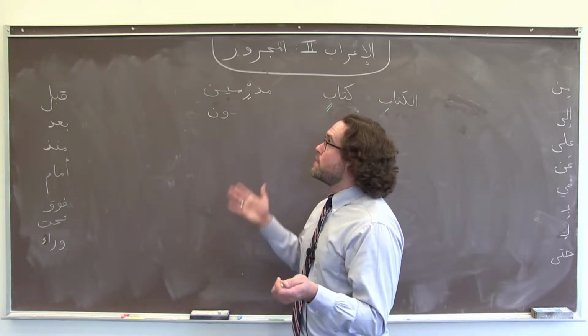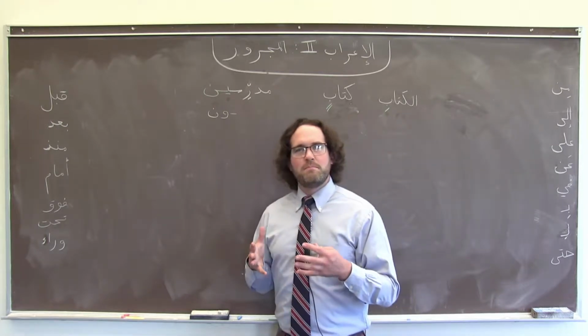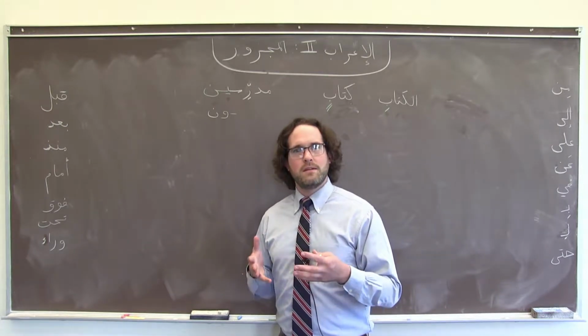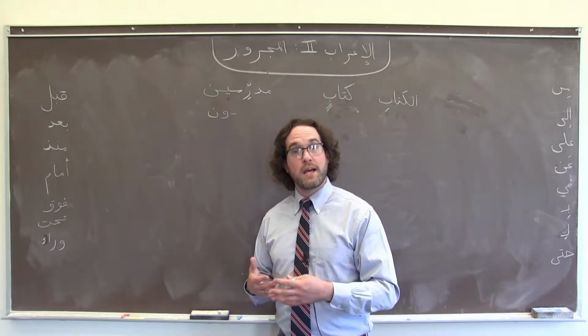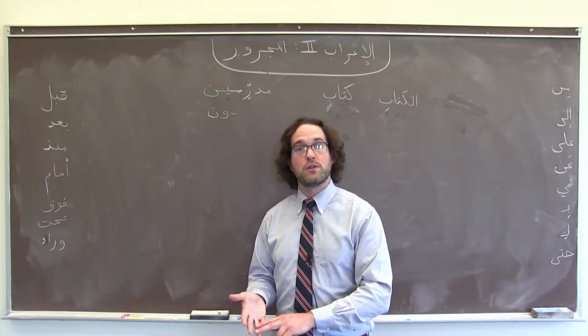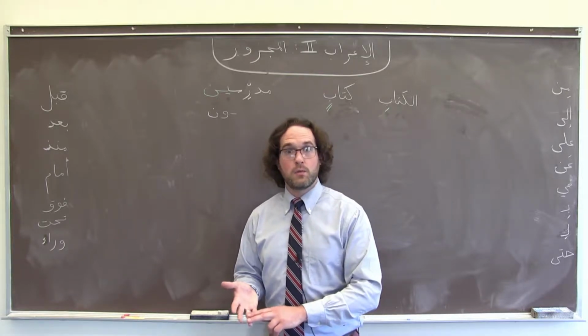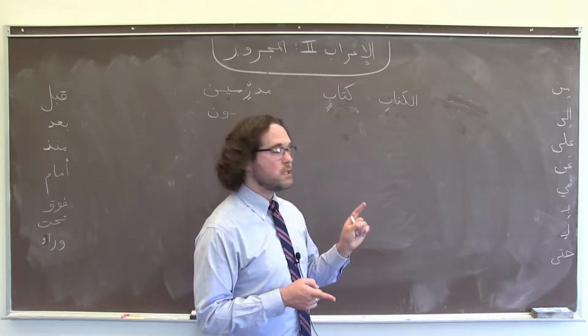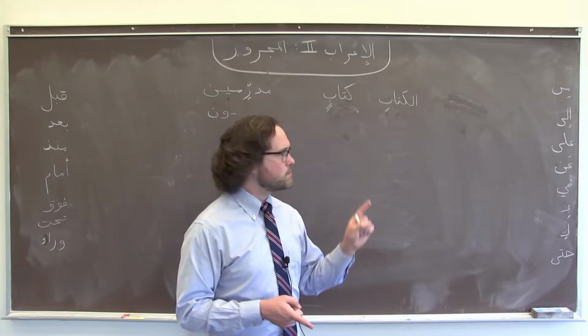It may interest you to know that al-majrur is actually the most common case ending for nouns in most texts because idafas are everywhere in Arabic and prepositions are everywhere in Arabic. And we're going to look at some of them right now. Let's start with prepositions.